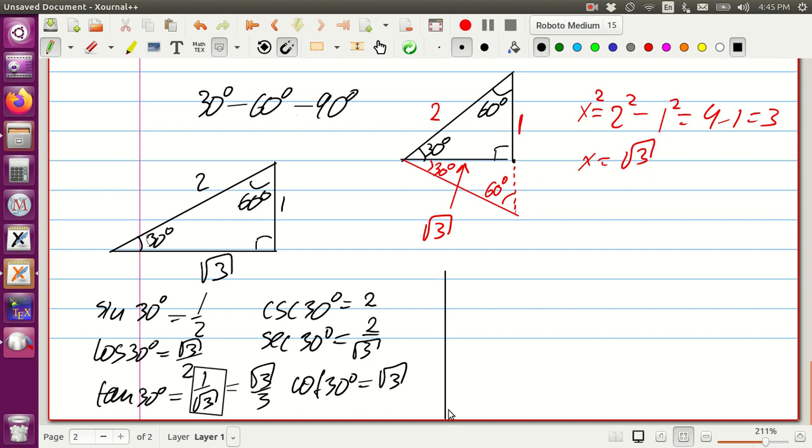Now we can deal with the 60 degrees angle, which is not really accurate over here. Let me fix it. So the 60 degrees angle. We have sine of 60 degrees is equal to, so this is 60, opposite is square root of 3, hypotenuse is 2. So square root of 3 over 2. Cosine of 60 degrees, this is 60 degrees, adjacent is 1, hypotenuse is 2.